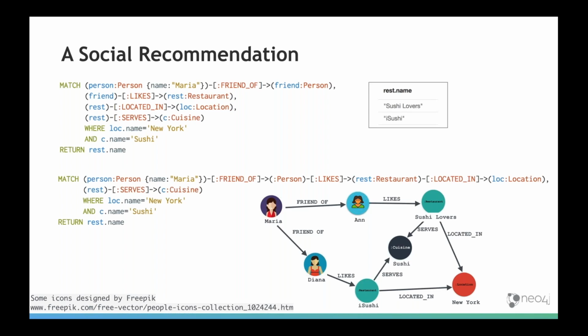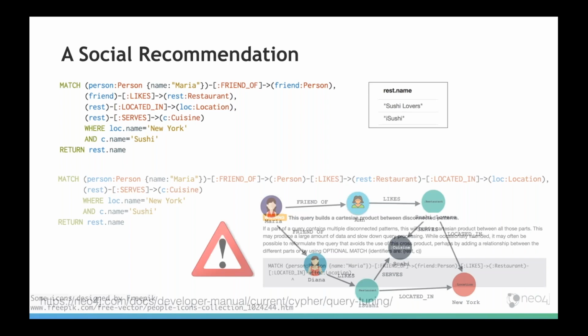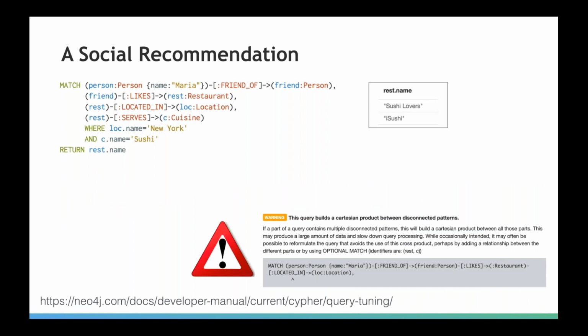When I created this data, I had made a typo. So when debugging it, I rewrote the query so that the pattern would become even more obvious. This is an equivalent query to the one above. Cypher very kindly told me that I was about to make a Cartesian product, which is a horrible thing in a large database.